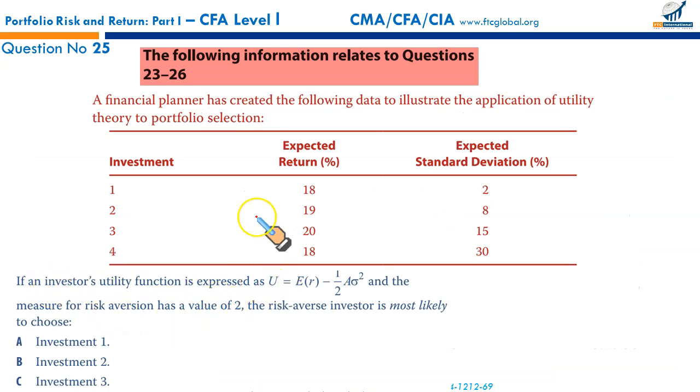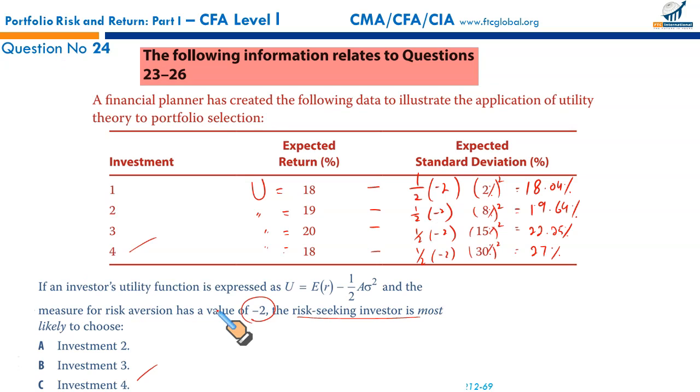Now in this question, you have to take the risk aversion as positive 2. So we have already made up the relevant information here. So what we will do, take this as a plus 2 now. Risk aversion is now positive. Now if you, let me just erase this.